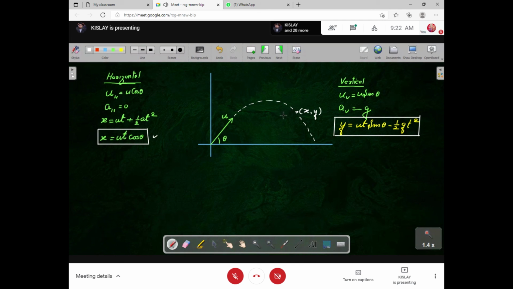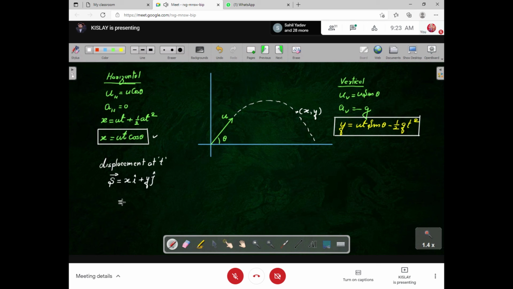So at any instant of time, if someone wants to find the position of a particle or its displacement, we can represent the displacement at time t as s, which can be written as x i cap plus y j cap.